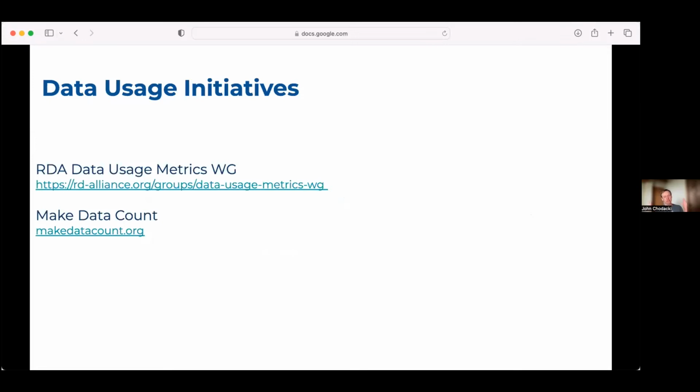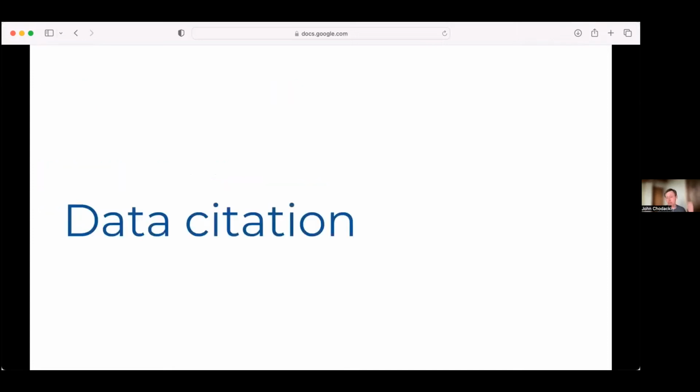And the goal really, as I was starting with, is for us to build foundational information so that data metrics can be trusted and auditable, and something that is responsibly managed. But let's talk a little bit about data citation.